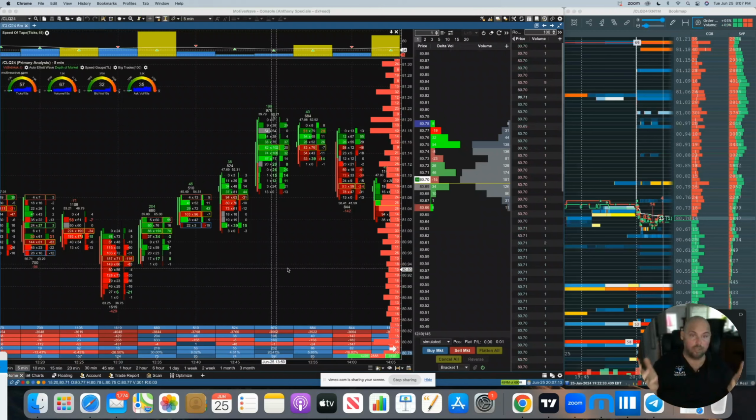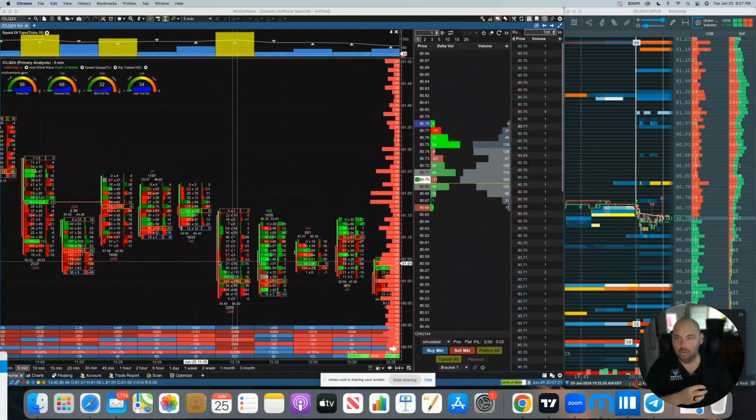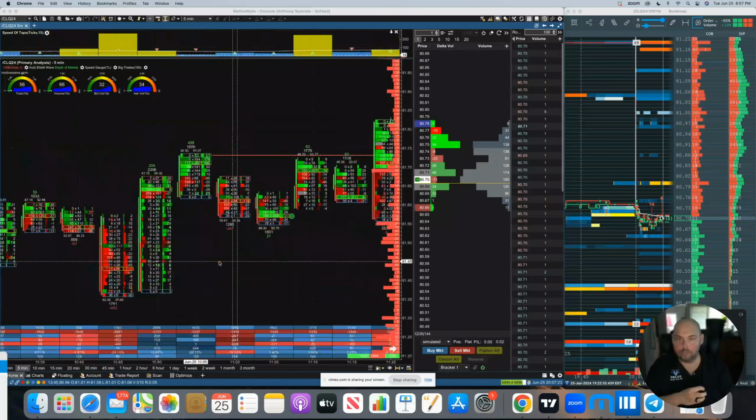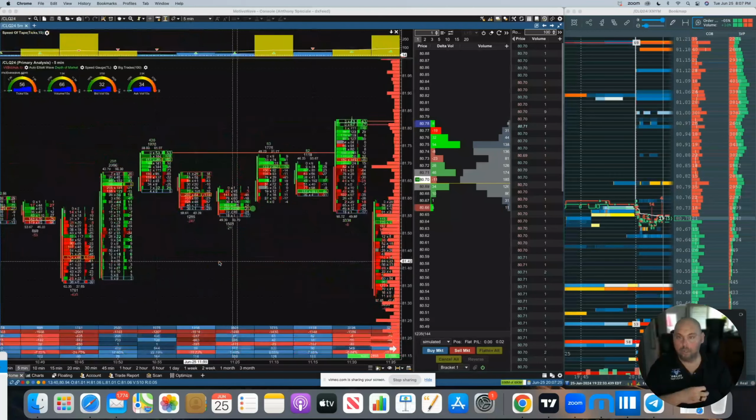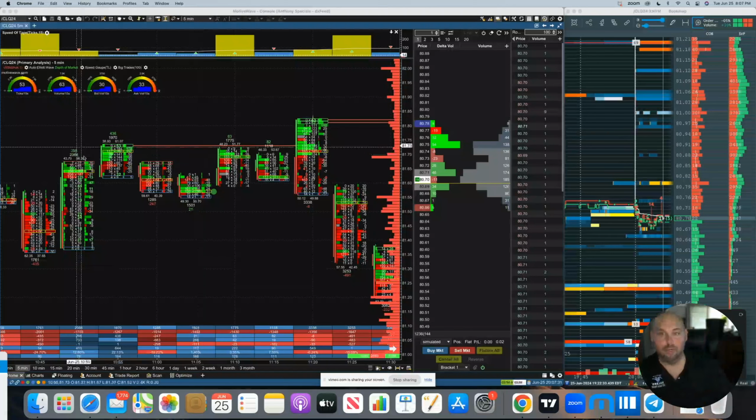And I hate to say that when somebody else is getting squeezed, I'm making money. But at these key levels, like I showed you a little bit earlier, and we can go back to it, you can see just how much buying interest there was here, right, at approaching and above 81.73.